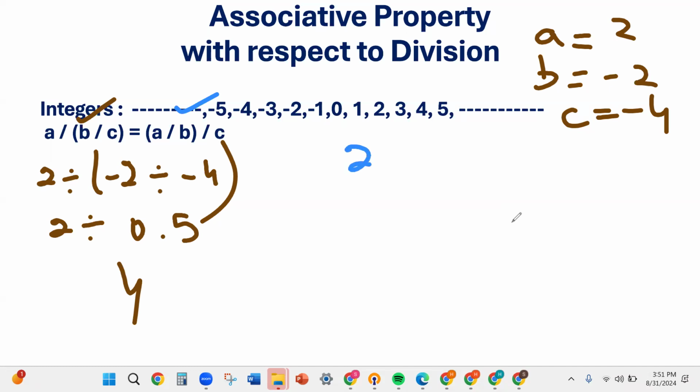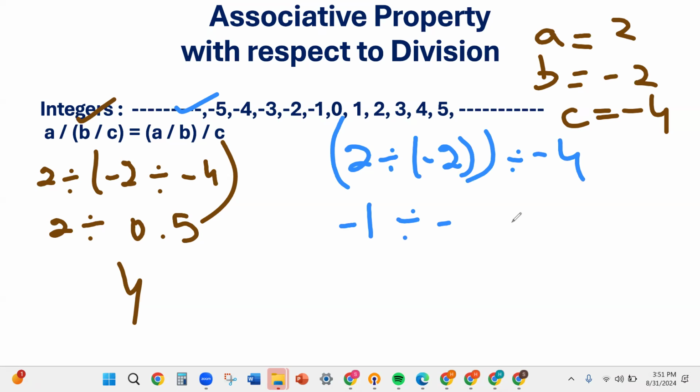Now we are substituting in the right-hand side. A is 2, and B is minus 2, and C is minus 4. 2 divided by minus 2 is minus 1.